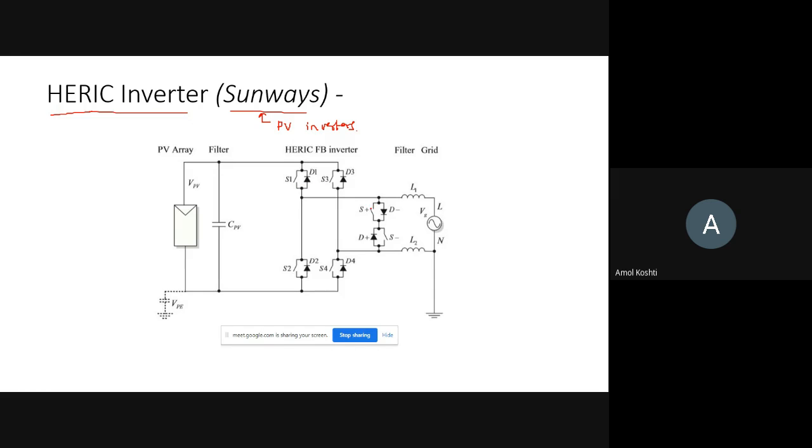So what modification have they done to the basic H bridge? If you see this, there are two switches connected in series, in a back-to-back way.